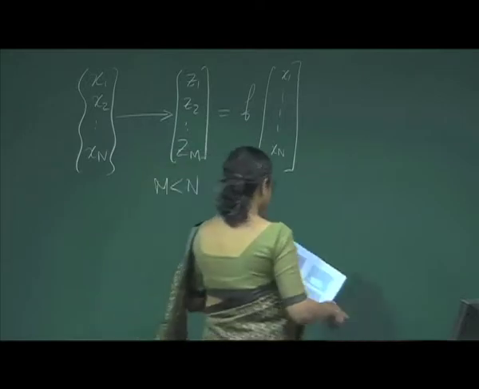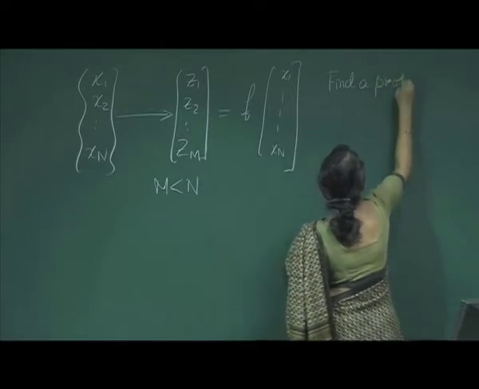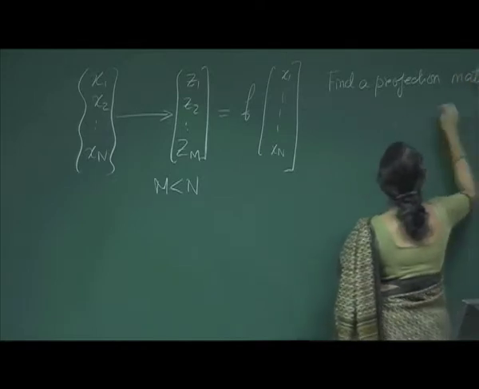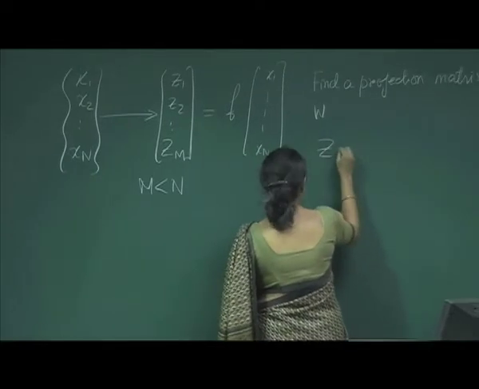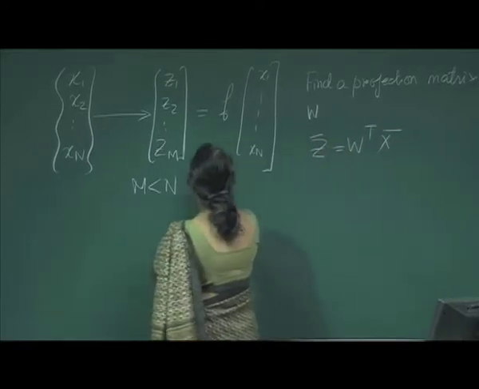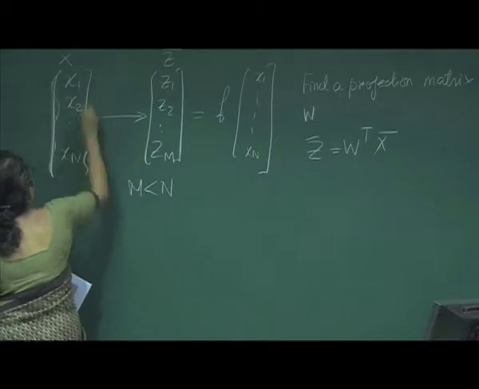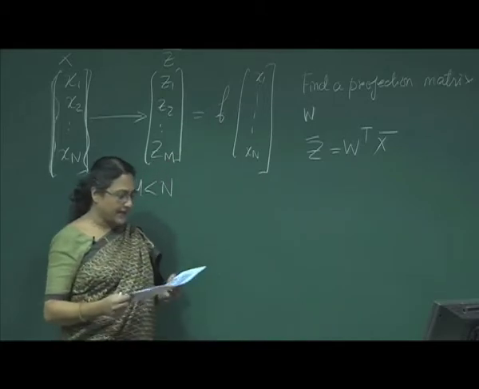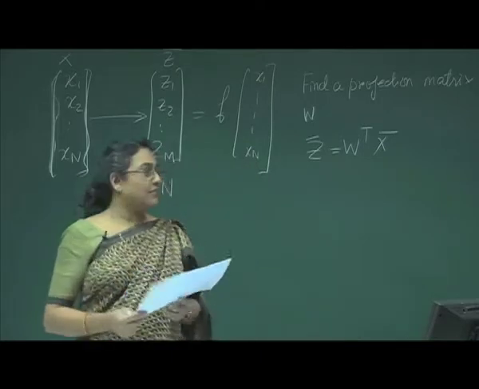So what we need to do is find a projection matrix W such that Z equals W^T X. So this is Z and this is X. We want to find W^T where Z is W^T X, which is a projection from n dimensional space to m dimensional space.